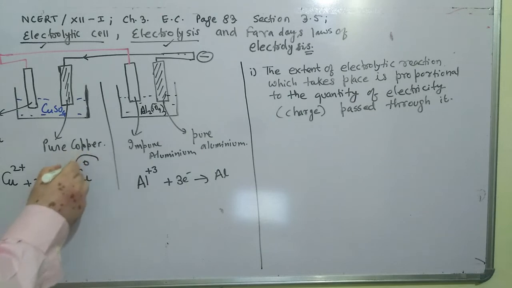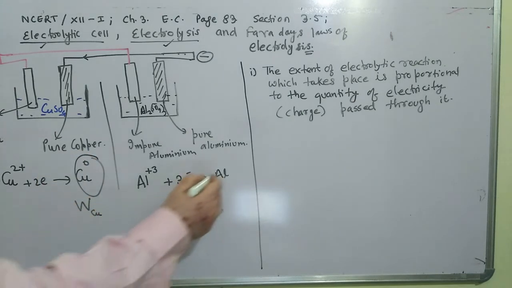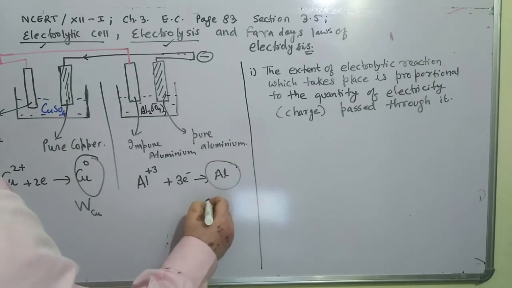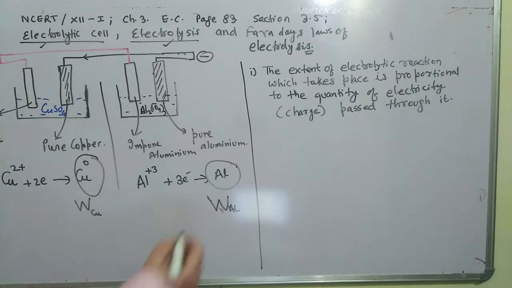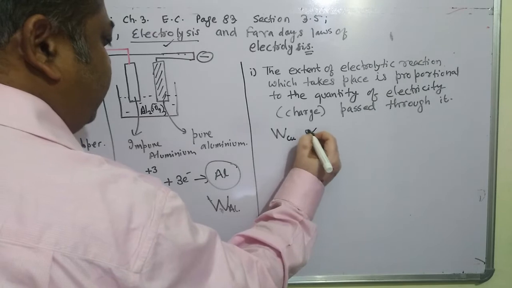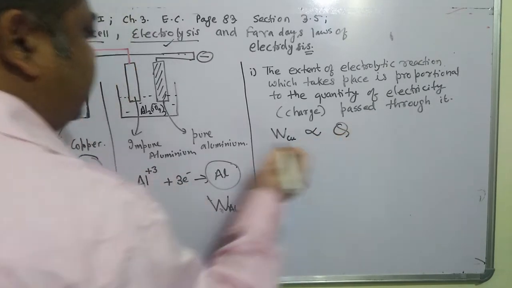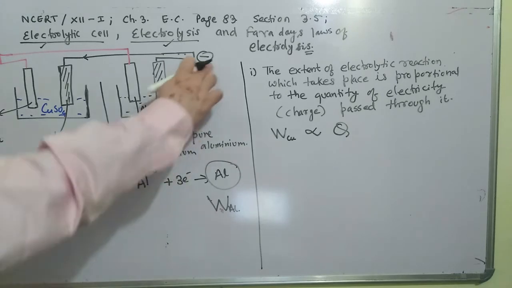Let the weight of copper deposited be WCu and let the weight of aluminum deposited be WAl. Then WCu will be proportional to the charge passed, and the charge passed is common for both because they are coming from the same source of electricity.